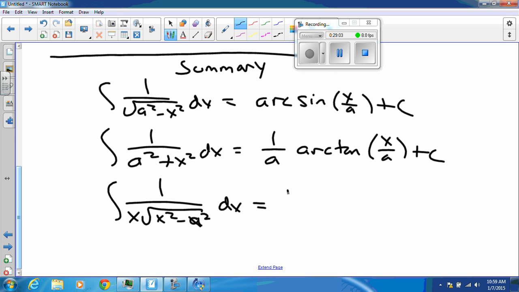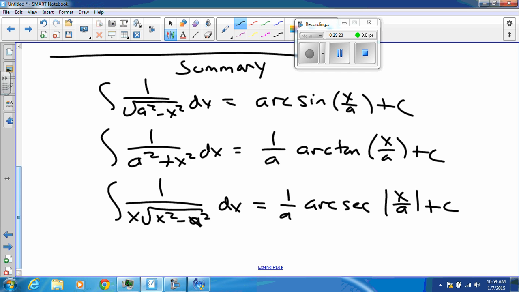Yeah, don't forget the plus c. And the next: 1 over a arcsecant. Almost. No, x over a is right. Absolute value, x over a.